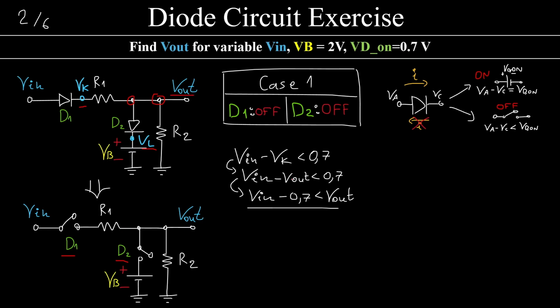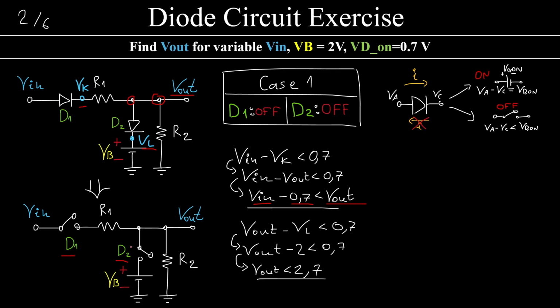So this point is Vout, therefore Vin minus 0.7 must be less than Vout. I shuffle things around a bit over here. Going to work for D2 here. Now, Vout, the voltage here, minus the voltage here, Vout minus VL, must be less than 0.7. That means that Vout minus, how much is VL? It's 2, VB is 2, given by the exercise.